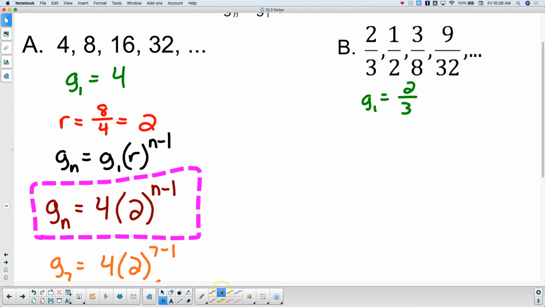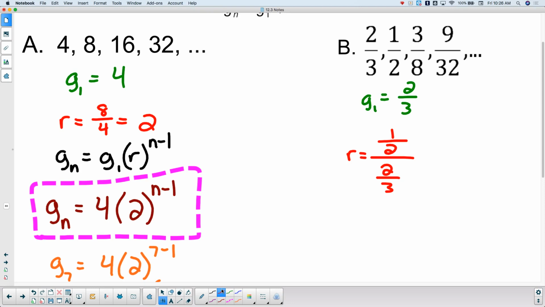So my first term is 2/3. Agree? Okay. Common ratio: any term divided by the term right before it. Thinking back on fractional math, how do I divide fractions?